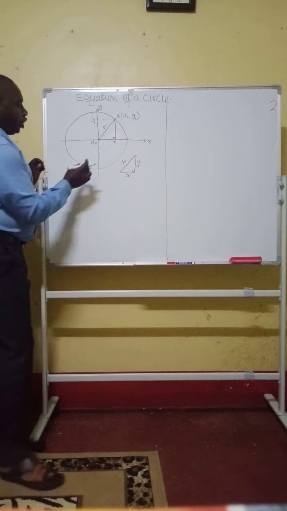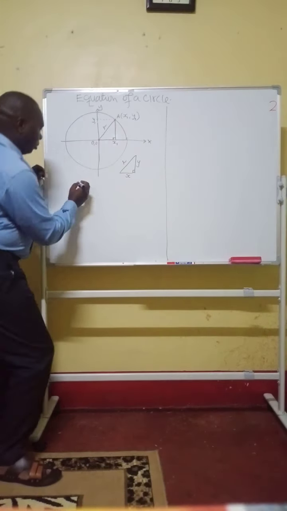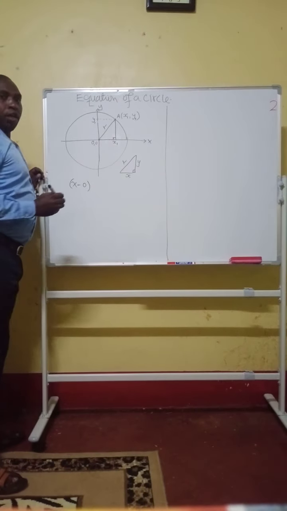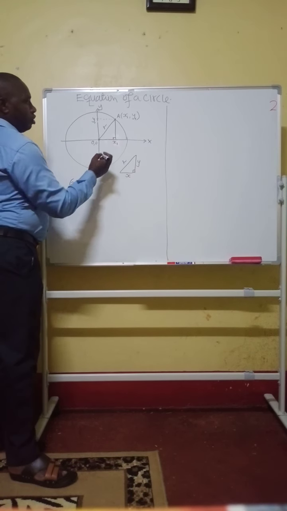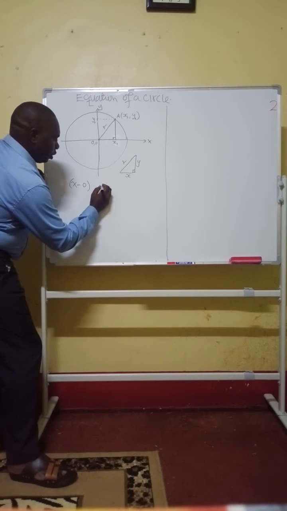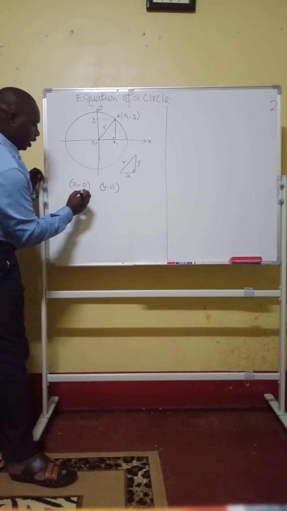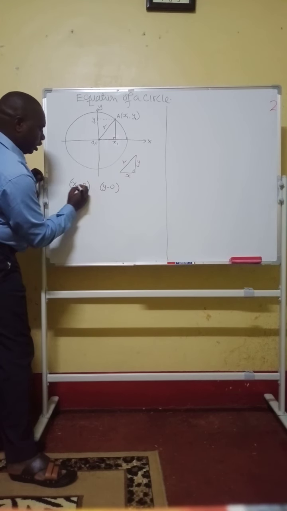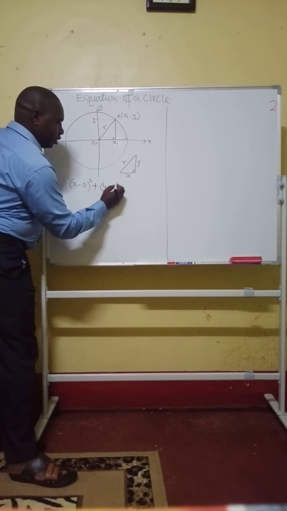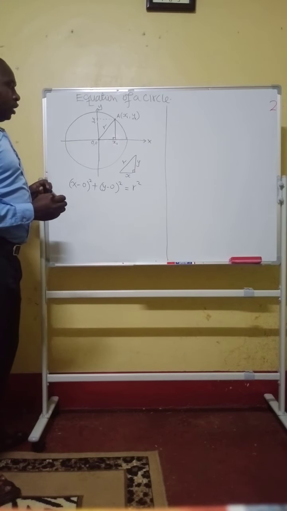Remember the distance from the origin to x1 is simply x minus 0, while that of 0 to y1 is simply y minus 0. When you apply the Pythagoras theorem, that is x minus 0 squared plus y minus 0 squared, this should give us our radius squared.